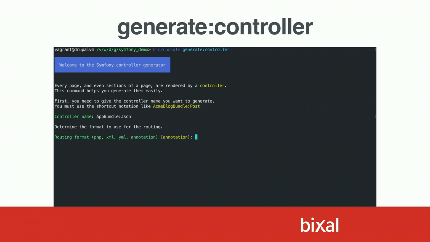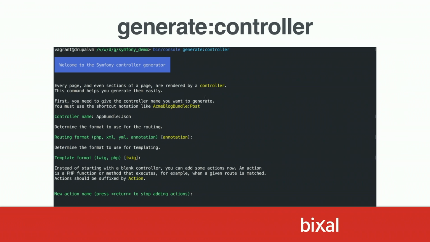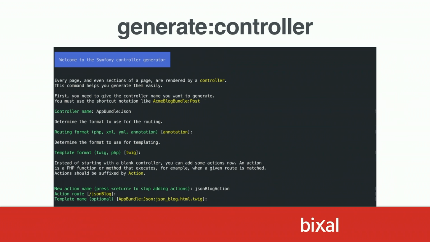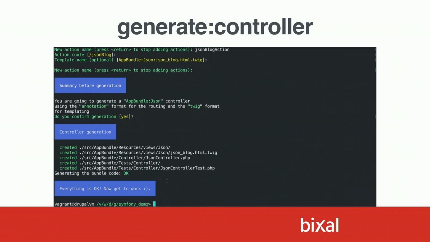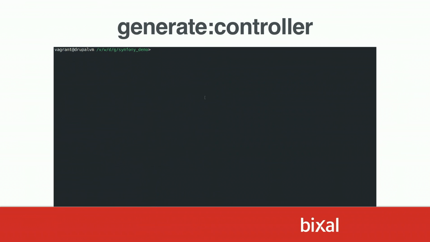It's a little bit different because we have bundle names here, but that's about the only difference. This will generate the scaffolding code for the controller that we are going to use to expose those blog posts as JSON. So this is basically what I'm doing here.